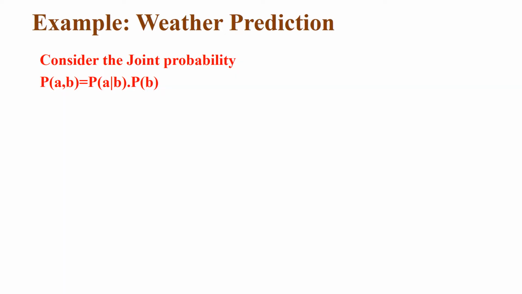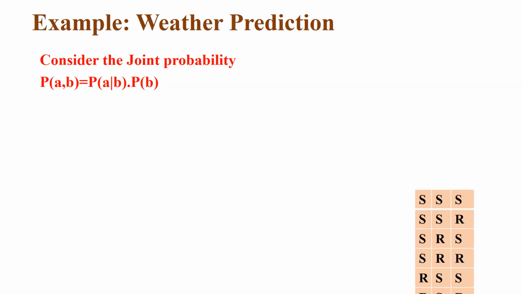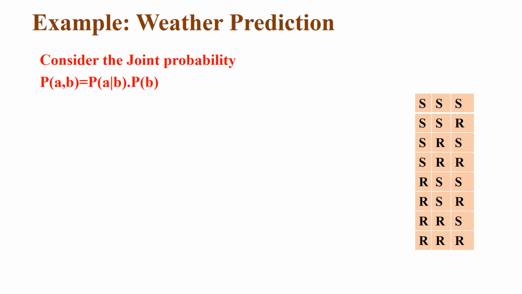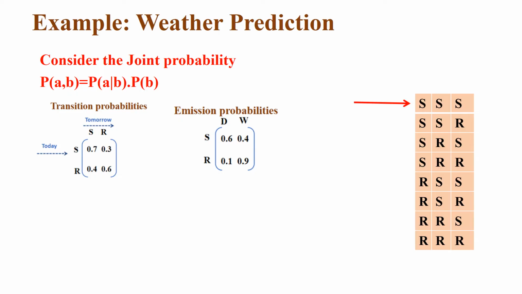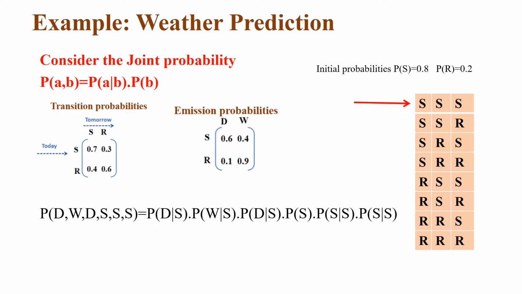Let us consider the joint probability. P of A comma B equals P of A given B dot P of B. For these 8 possible combinations, we are going to consider the very first sequence, sunny, sunny, sunny. From the transition probabilities, emission probabilities and the initial probabilities given, we are going to calculate the probability of the given observation sequence dry, wet, dry for the first sequence sunny, sunny, sunny.